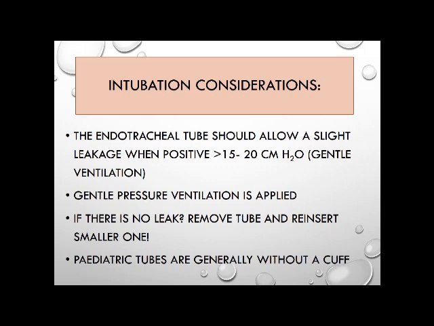Once intubation takes place after laryngoscopy, they try to gently apply pressure within the ET tube and then monitor for some leak. If there's no obvious or observable leak, then they might reinsert another smaller tube to allow that slight escape of gases. This is to ensure that there's no barotrauma to the pediatric lung.